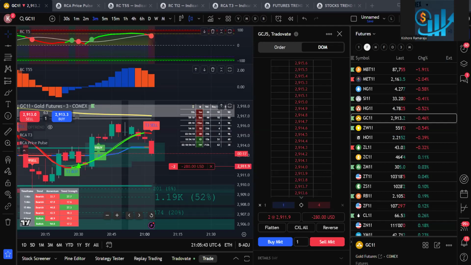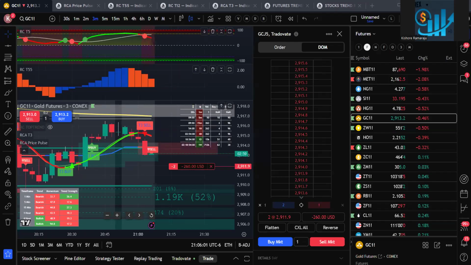We also took this in the personal account, GC short. If any of you have a personal IBKR or personal Thinkorswim, you can take a short. So at the same time, you can make money in personal accounts, your IBKR, and your prop firm accounts.